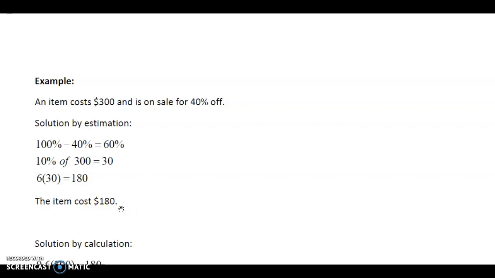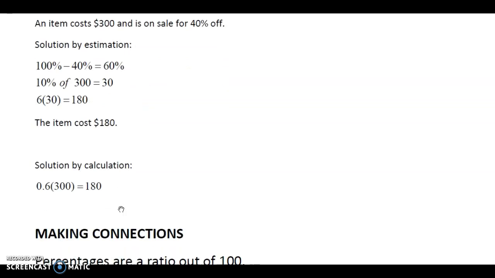Now, the same example with a calculation. You could still subtract mentally. If we were trying to find something 40% off, we're still paying for 60% of the cost. So I could find 60%, writing 60% now as a decimal, and then multiply that decimal by the original price, and that gives me the sale price, 180.